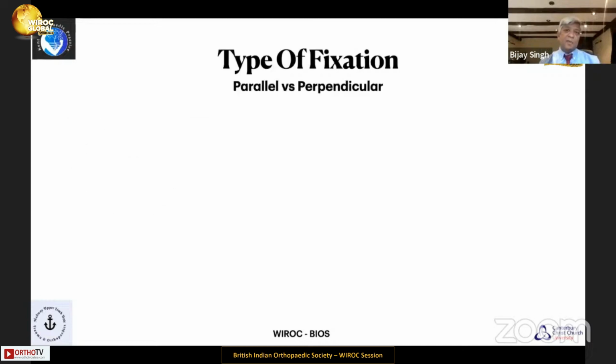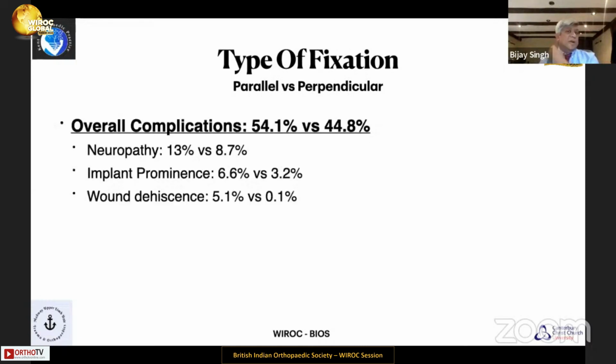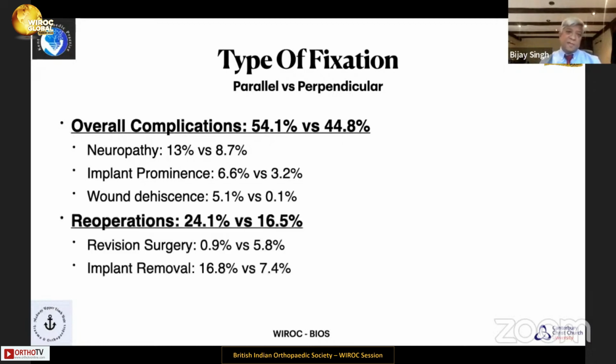If we look at type of fixation, looking at parallel versus perpendicular, the overall complications is higher in the parallel plates, and this is true for neuropathy, implant prominence, as well as wound problems, as well as reoperation rate.